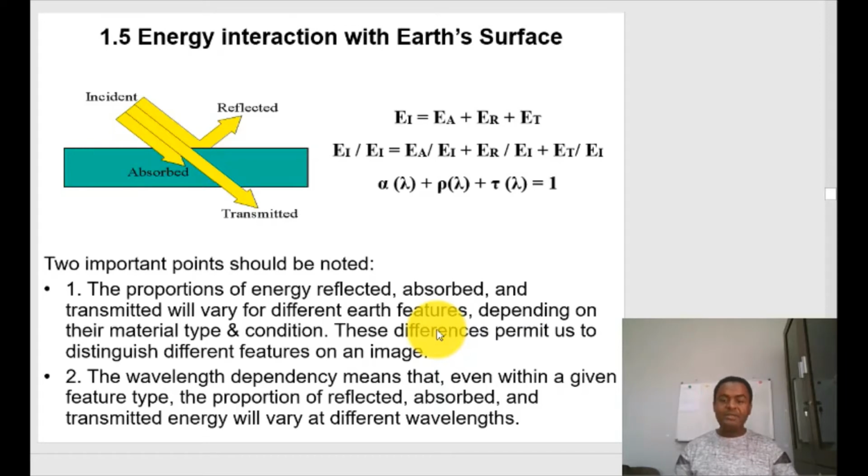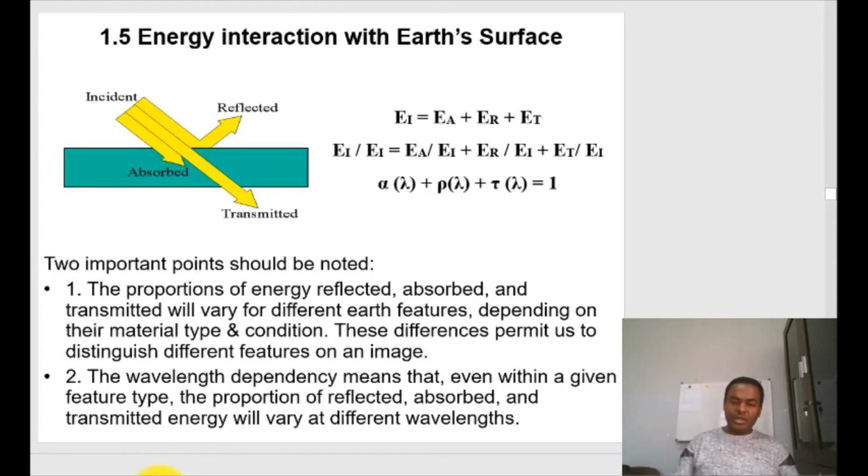This difference permits us to distinguish different features on an image. This is one important point. So this will allow us to distinguish the type of the material on a satellite image.